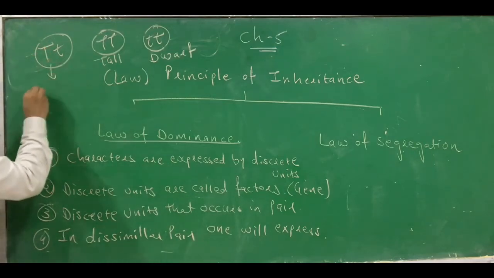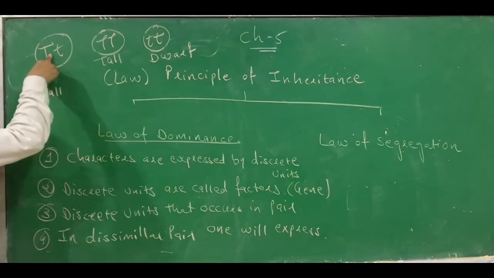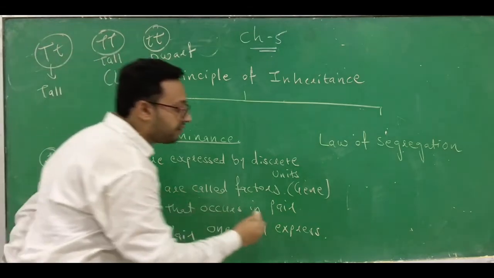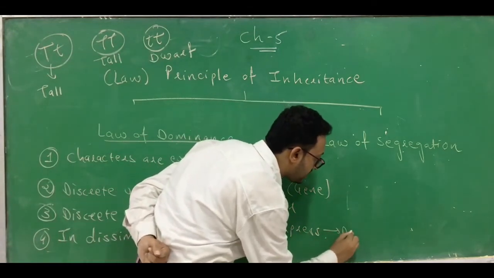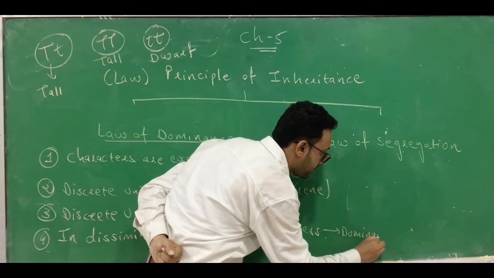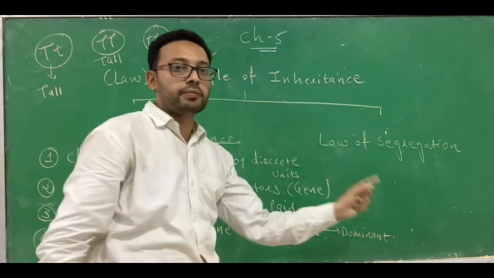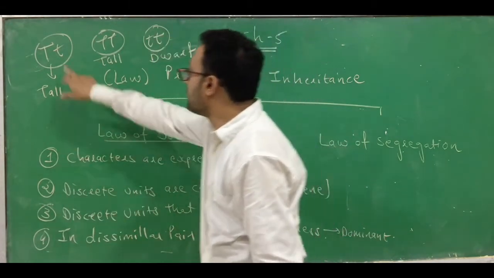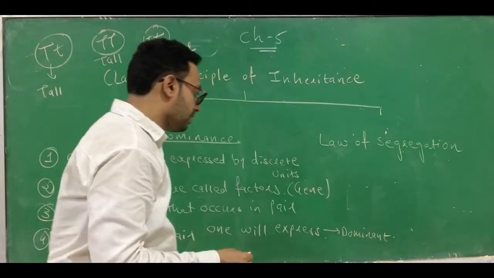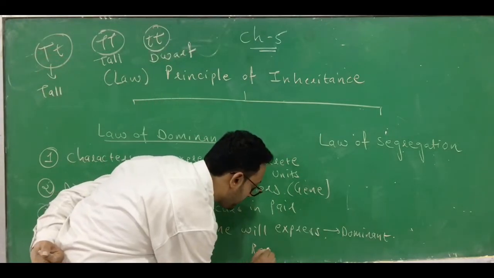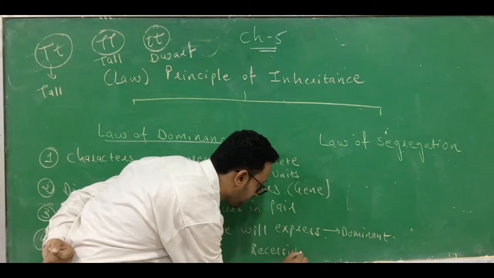Here the tall is expressing. Clear? The one that expresses, we are calling it dominant. And the other one, which is not expressed, we are calling recessive.